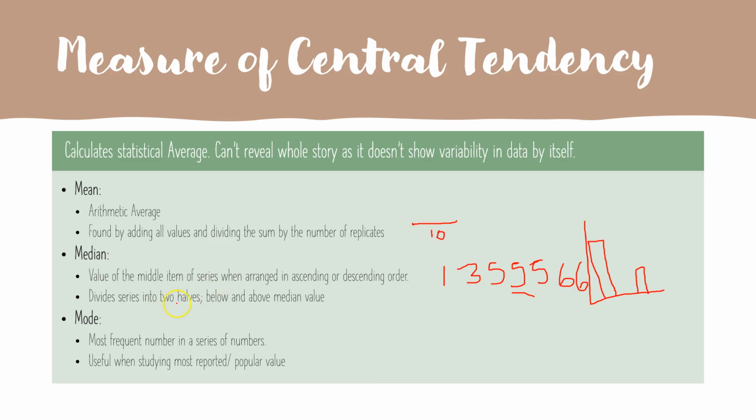The mode would be the most frequent number in the series. Again, in this example, it would be 5 because that's coming in 3 times. The other numbers are represented less than that.